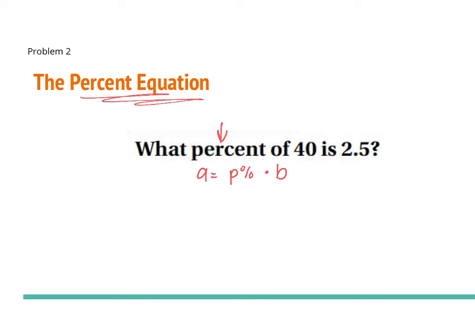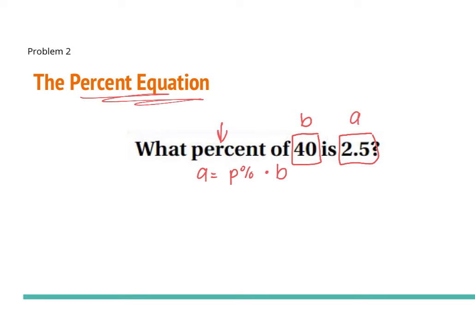It says what percent. So B is 40, because it says the percent of 40 is 2.5, and that's our portion. A is our portion, okay? Now, you have to read these carefully. You cannot just assume that the smaller number will always be A and the larger number will always be B. That's a valid assumption for most of these problems, but they will try to trick you.